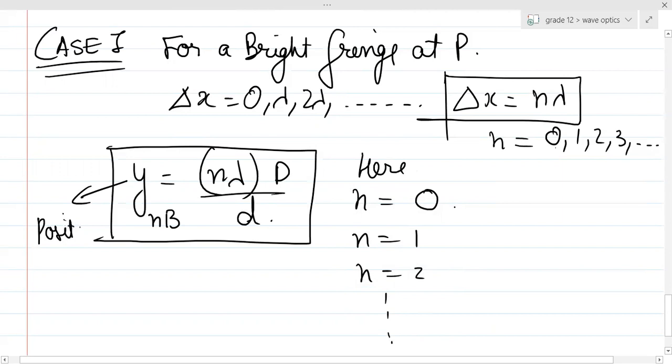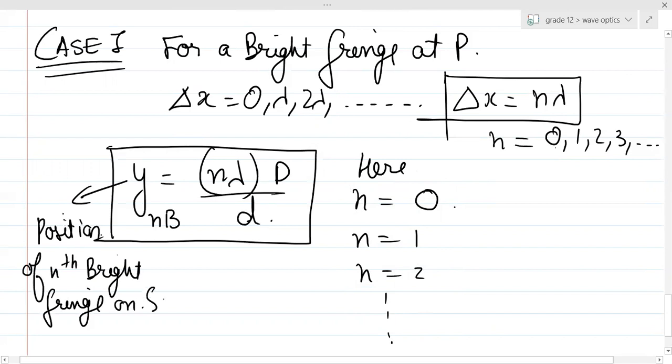Position of nth bright fringe from central maximum.